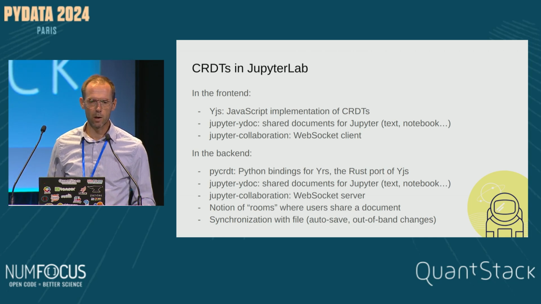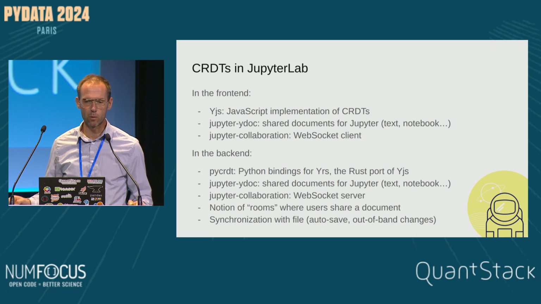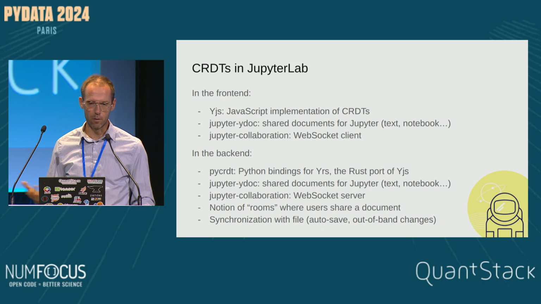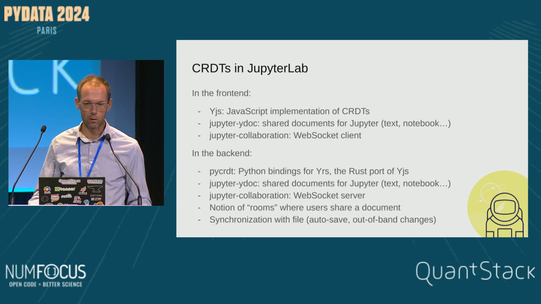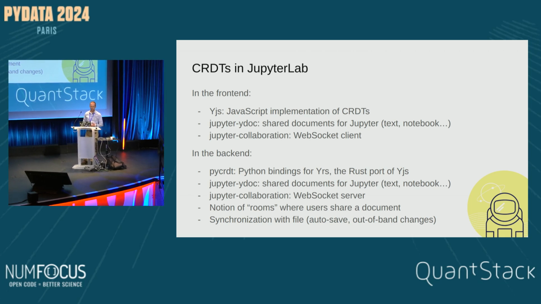In the backend, we have PyCRDT, which is Python bindings for pycrdt's Rust library. We call it Y-rs, because it's written in Rust. And it's the Rust port of YJS. We also have the equivalent of JupyterYDoc, which represents these shared documents. And the backend part of Jupyter collaboration, so it's a WebSocket server.